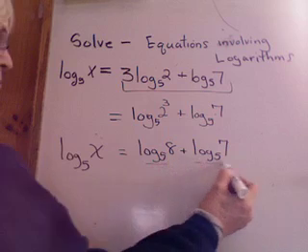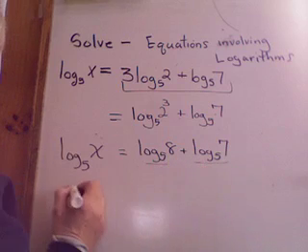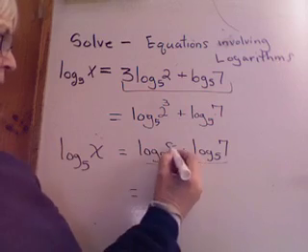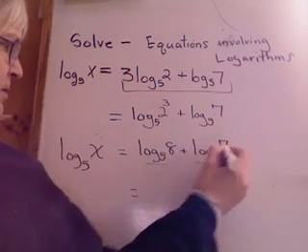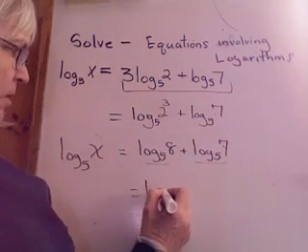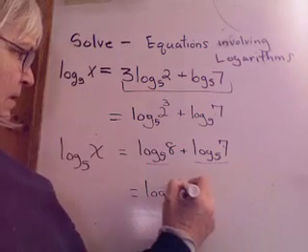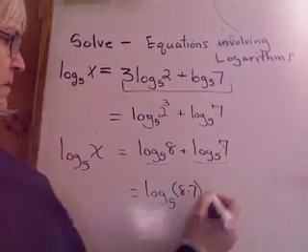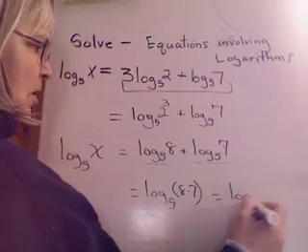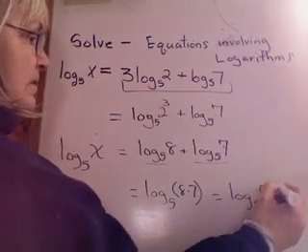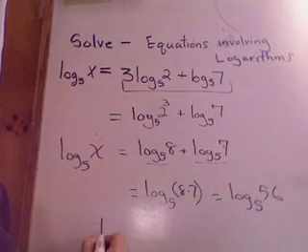Can I combine these two logarithms together? Sure. What happens when I combine these? What do I do with these two numbers? Do you know? Log base 5 of 8 times 7, which is really log base 5 of 56. Very interesting here.